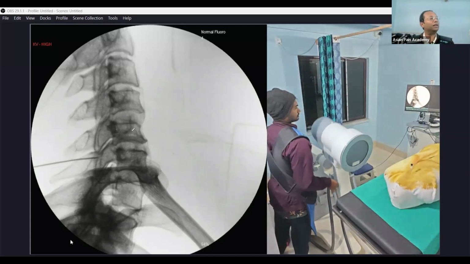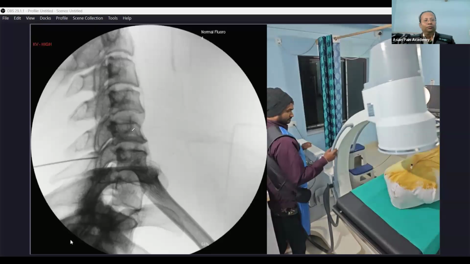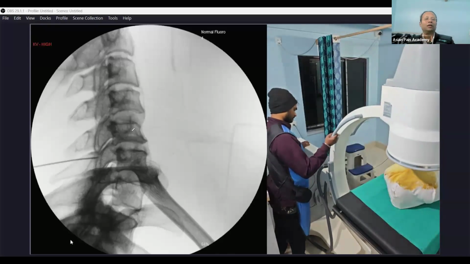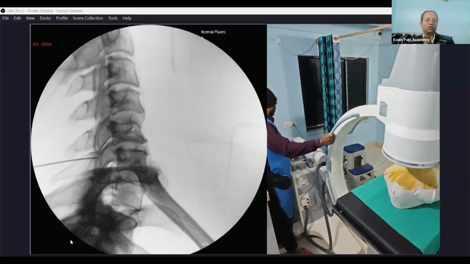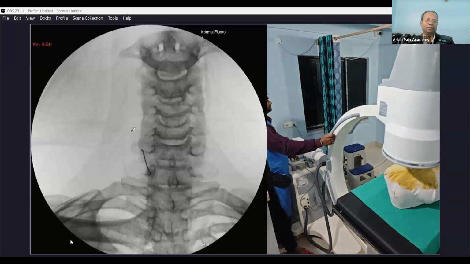We have not gone medially, and you will of course get a loss of resistance.